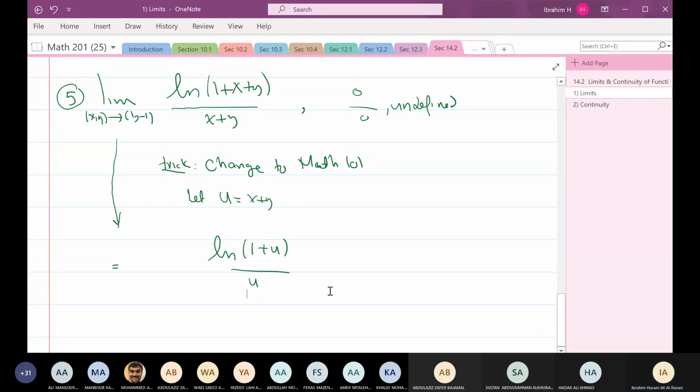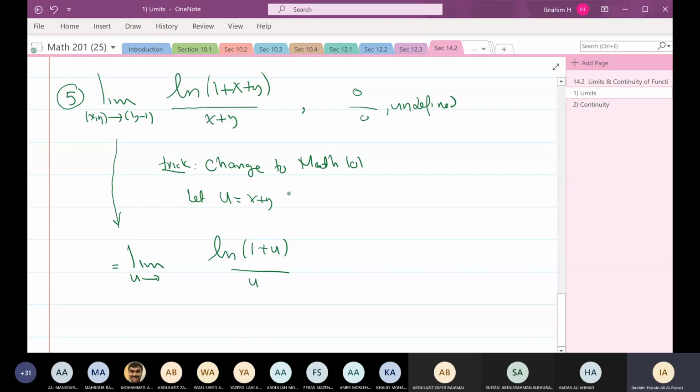Well, this is a limit now. It must be limit as u approaches something. You change it to a function of u, you have u approaches something. Approaching what? Notice I have this relation between x, y, and u.